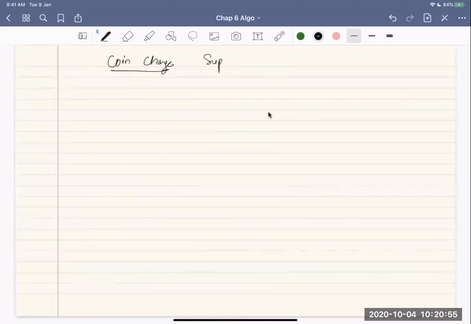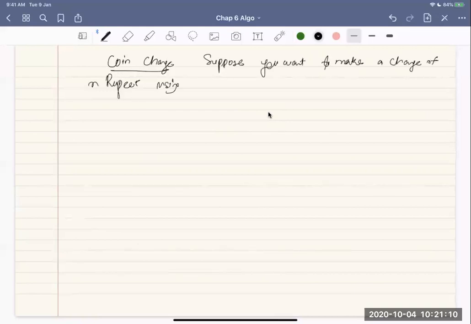Suppose you want to make change of n rupees using coins of various denominations. Let's say you have 1, 2, and 5, 3 coins, and you have as many coins as you want. You have a sufficient number of coins.